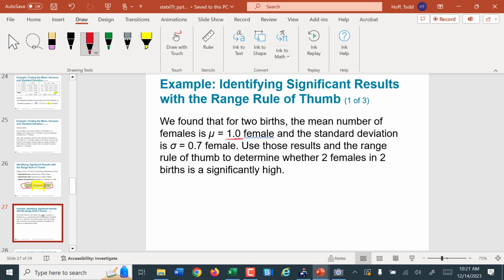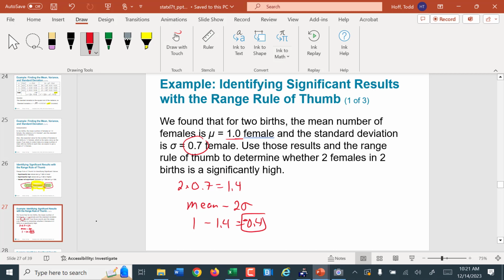The mean was 1, the standard deviation 0.7. 2 times 0.7 is 1.4. So the mean minus 2 standard deviations would be 1 minus 1.4. That's a negative 0.4 female births. Can't have a negative number of females out of 2 births. The high end would be the mean plus 2 standard deviations.